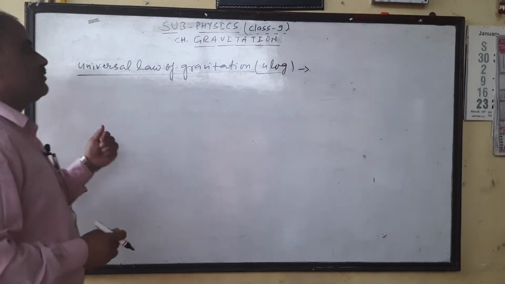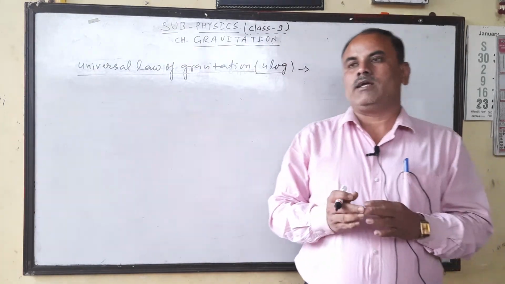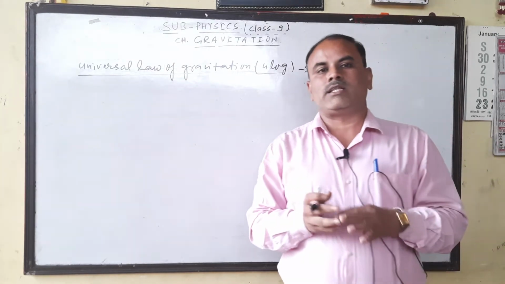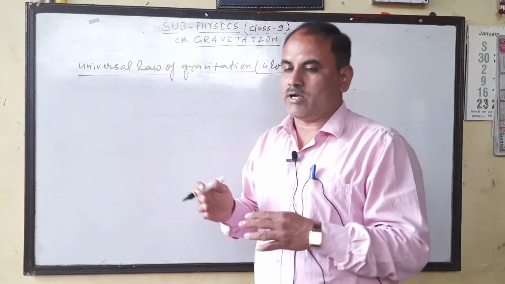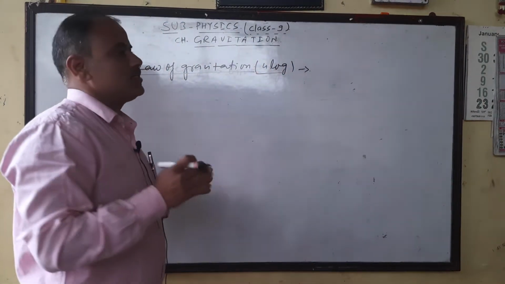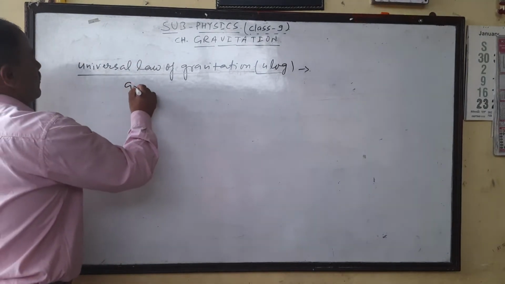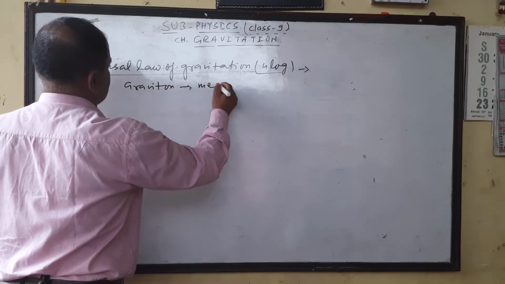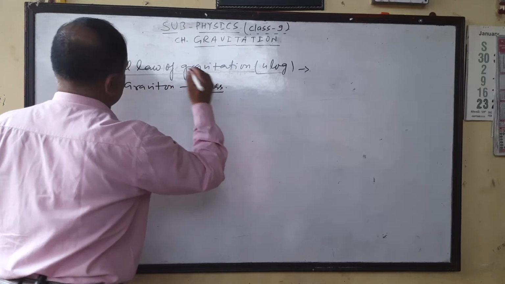It is called universal because it is applicable throughout the universe, whether the body is kept on the surface of earth, in air, or whether the body is celestial, terrestrial, aquatic, everywhere this type of force is applicable. Graviton is a Greek word, which means mass.